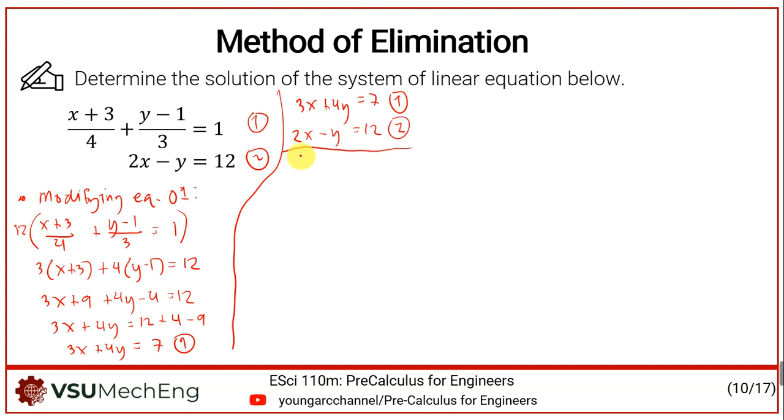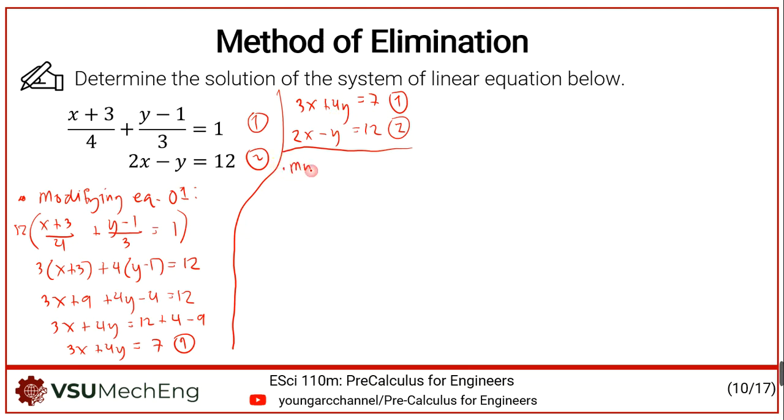By inspection, it would be easier to eliminate y if we multiply 4 to all the terms in equation 2. In that way, the y terms for the two equations will have the same magnitude, and they only differ in sign.